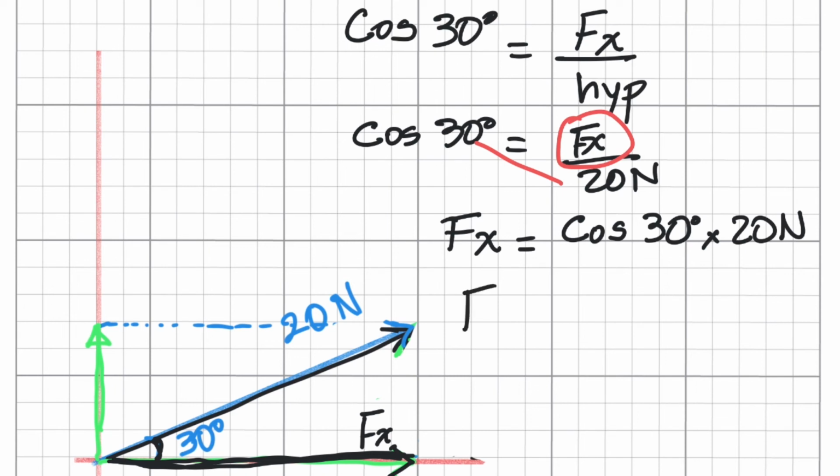After we run that in the calculator, cosine of 30 times 20 is going to be equal to 17.3 newtons. So we were able to figure out that when a vector force of 20 newtons is at a 30-degree angle, the x component, meaning this part of that vector, is going to be equivalent to 17.3 newtons. And we already figured out that the y component was 10 newtons.